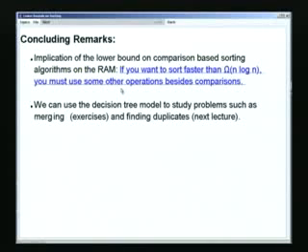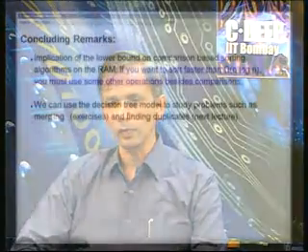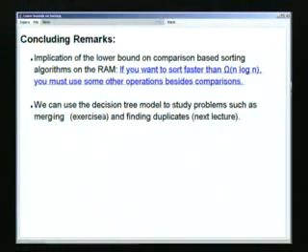Or it can also be used to study problems such as putting lower bounds on the time to calculate the intersections between two given sets. Now this problem might seem rather different from sorting, and it is perhaps somewhat surprising that decision trees can be used for this. Nevertheless, they can be used, and in fact we will see the finding duplicates example in the next lecture.